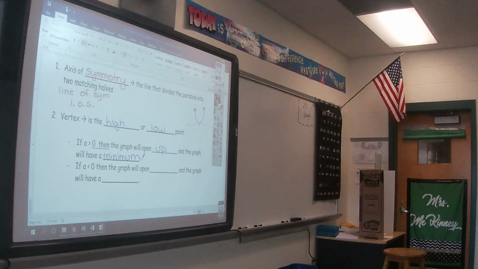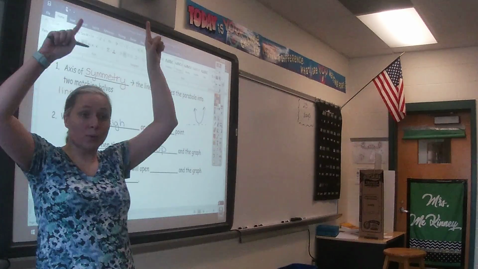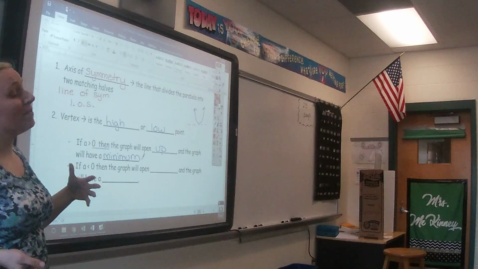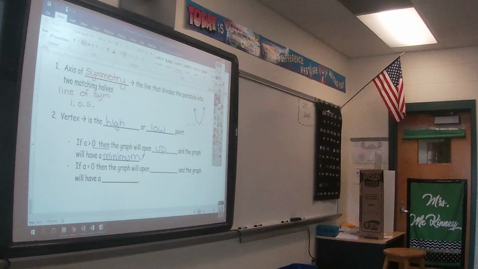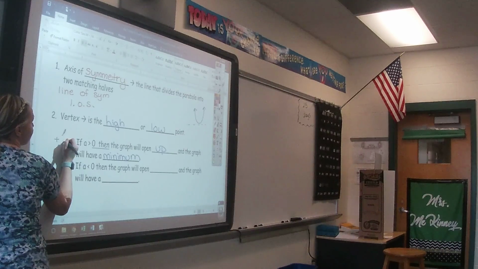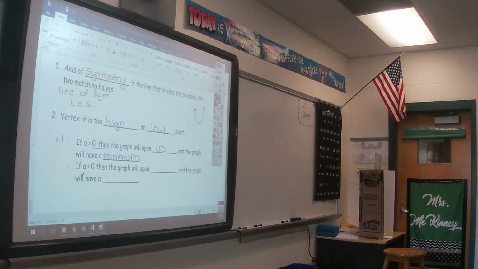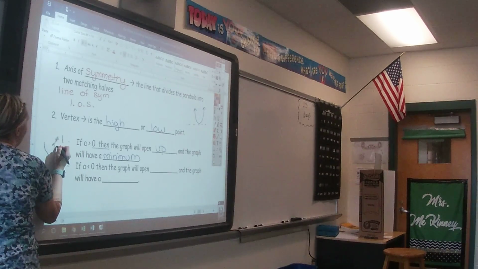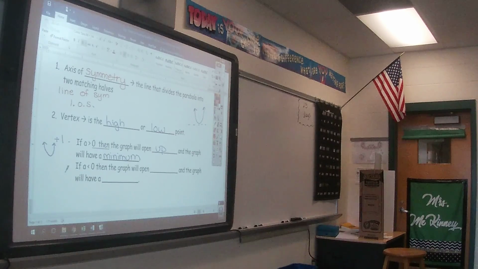I mean, 1 is greater than 0, 10. Positive numbers. So positive numbers make the graph open upward. We're going to even make it more specific, and the only positive number we are going to see for a today is positive 1. So if a is positive 1, our parabola is going to open upwards like a U.